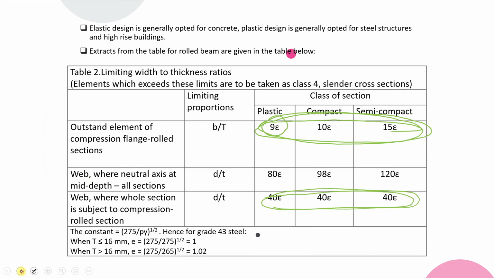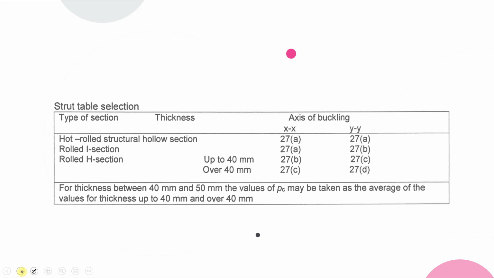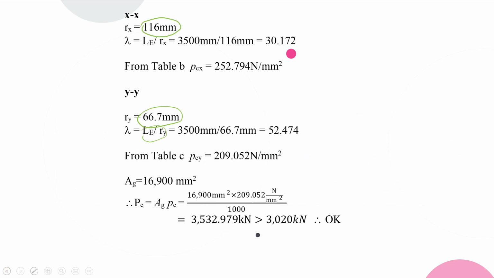So when it is 25.3, look at the one below here. 25.3 is up to 40 mm. Similarly, you check curve B and curve C: for the X axis curve B and the Y axis curve C. So curve B, okay, and curve C. Okay, so I will check.